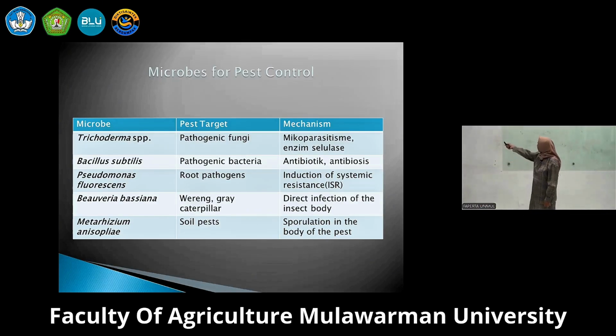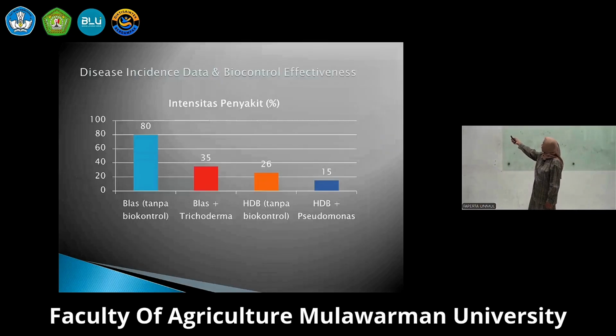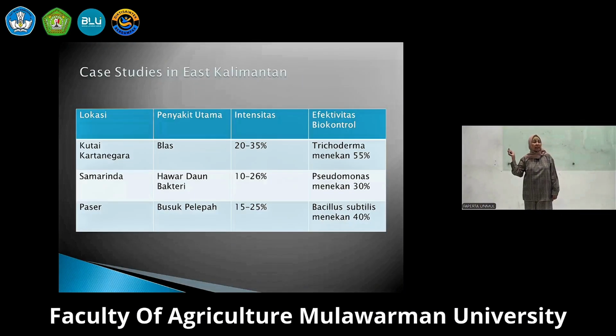Here again, see the blast, the disease incidence, and how effective the biocontrol is. The blast without and with. See how far the decrease of the bar itself is. Yeah, you can see from the graph. And then this is the case study in Kutai.